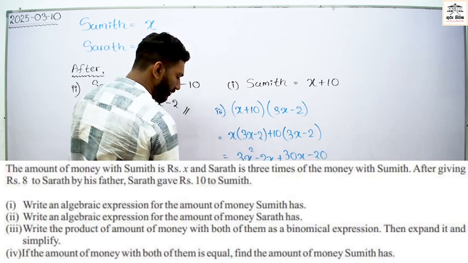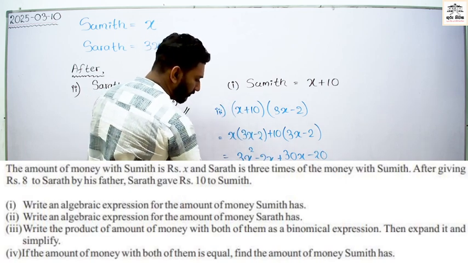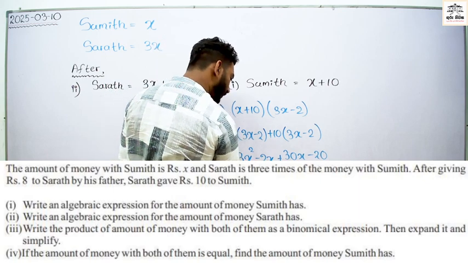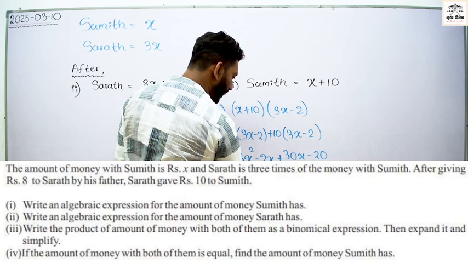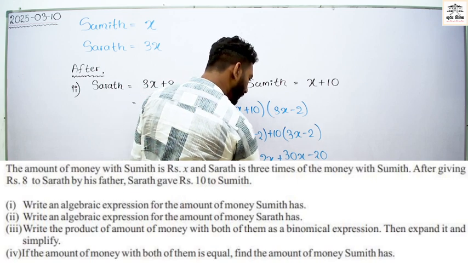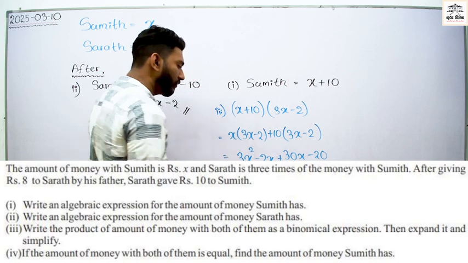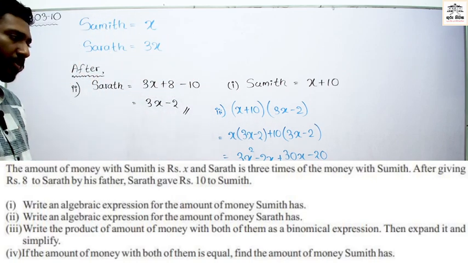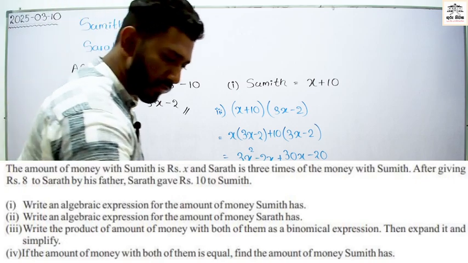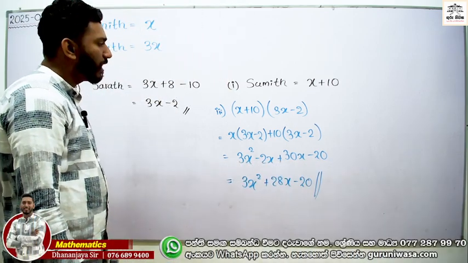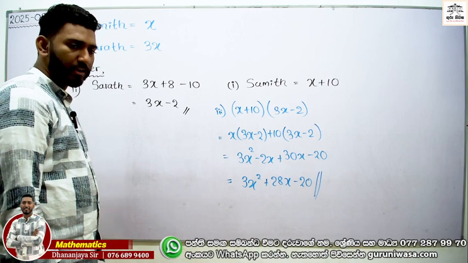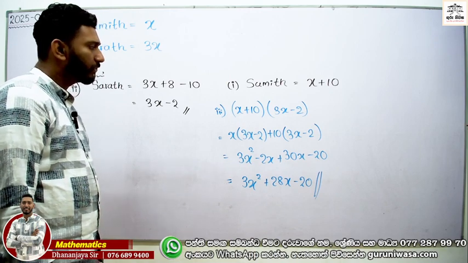Now we can simplify the like terms. Minus 2x and plus 30x is plus 28x, minus 20. We cannot simplify anymore. Therefore, the answer becomes 3x squared plus 28x minus 20. මෙන්න උත්තරයක් ආව අපිට third one එකට.